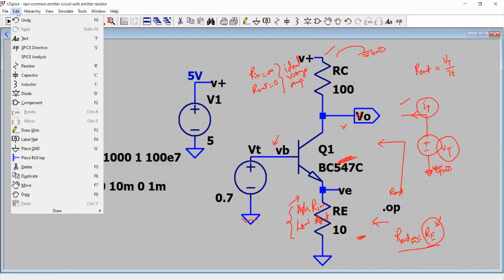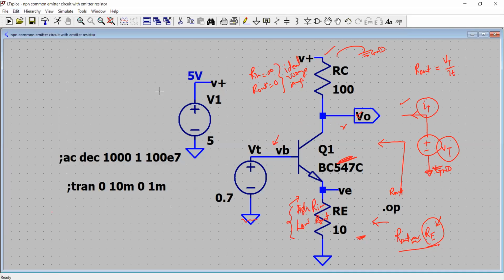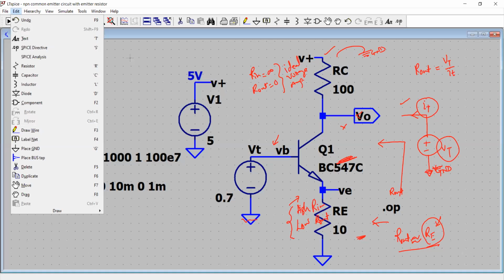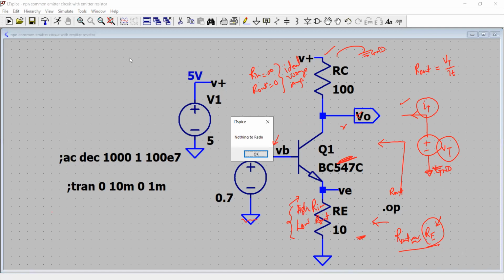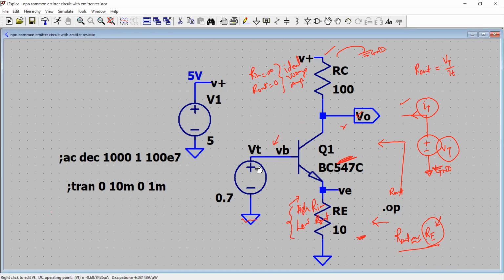So what we'll do is redo the action. So let's say, okay, there is no redo here, Shift F9. So is it possible? No, nothing to redo. Okay, so we'll just press F6, click OK, and then let's say place it somewhere here.